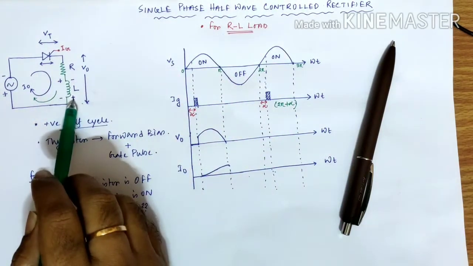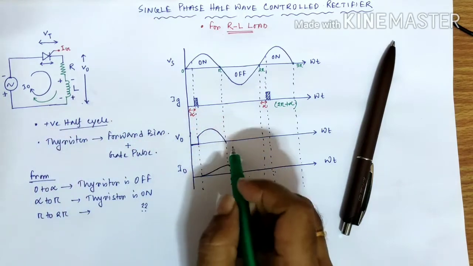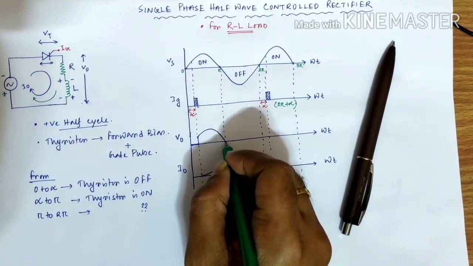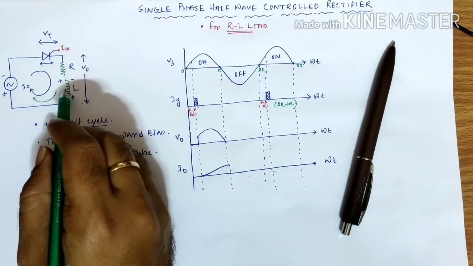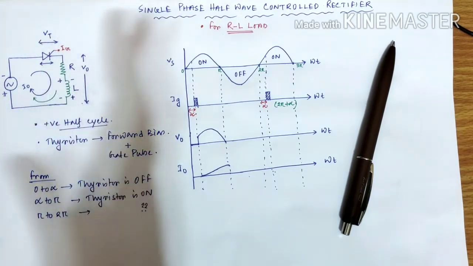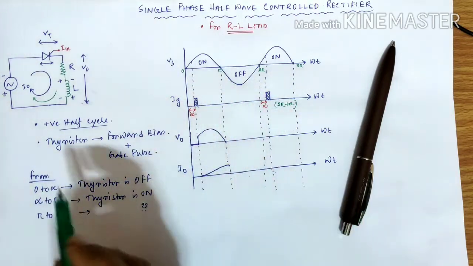But what happens in case of the inductor? In this region, when the angle is pi, the value is maximum. That means the EMF that it has stored has the maximum value.